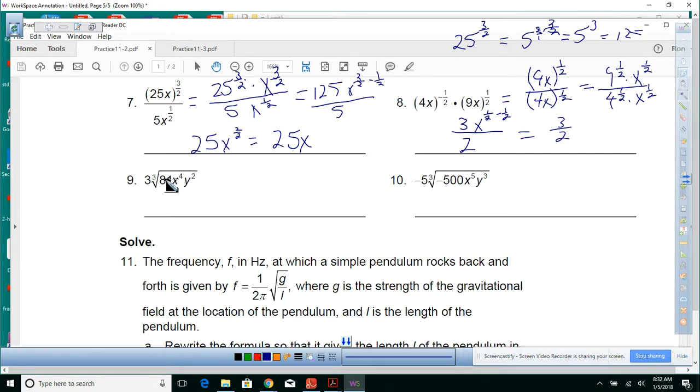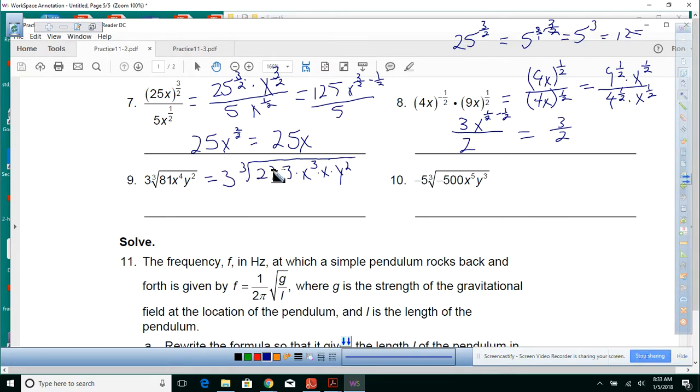What about here? How do we do this? Well, what's the cube root of 81? Let's see here. So we got 3. And I think 81 is 27 times 3 times x cubed times x times y squared.